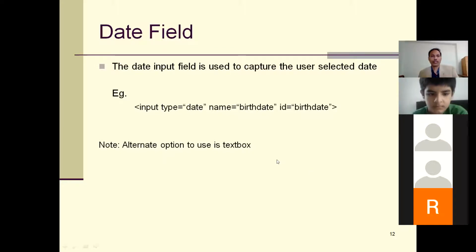Do you all have 5 minutes, so that I can complete 3 more fields? Sure. Okay, so let's complete this part. This part is pretty simple. We are trying to learn about the date field. The date field is used to capture the user selected date. So if you want a pop-up like this, I'll show you in the code.